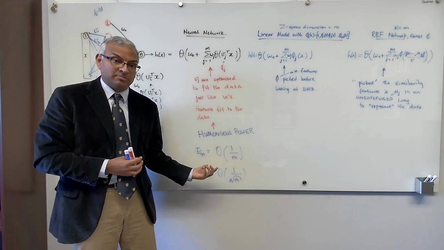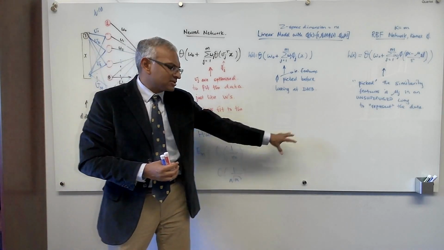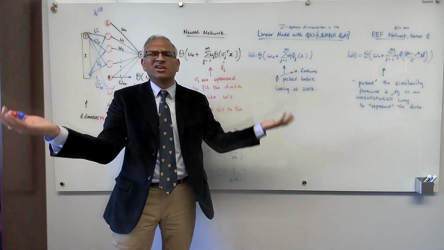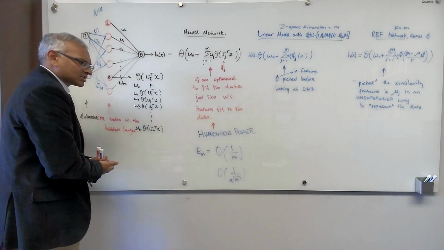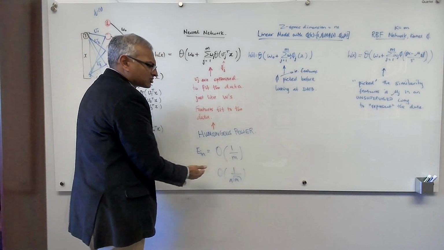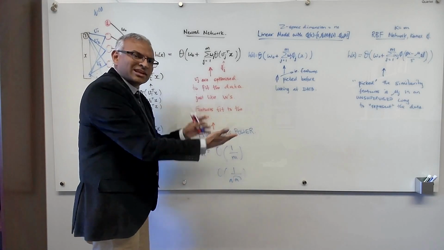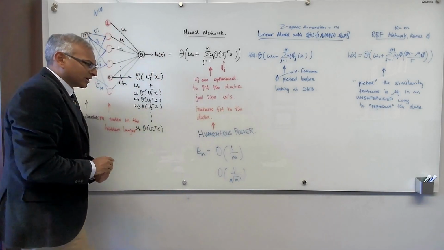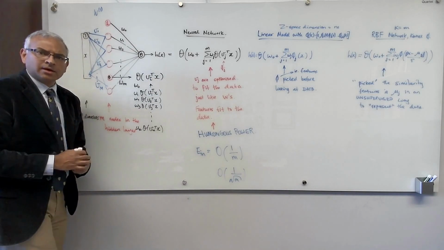This is assuming that there's no noise. If there's noise, you can't really escape from it, so you get the best you can do, which is related to the noise, plus order of 1 over m. This is regression, this is classification.